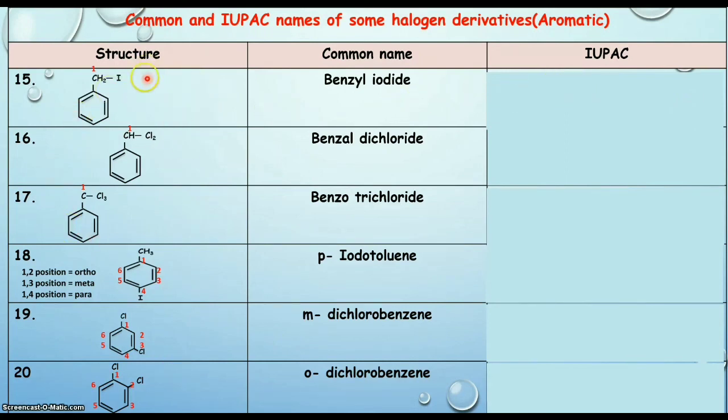Students, for these 3 structures, we have to remember one thing. When benzene is bonded to an alkane with a functional group, then the benzene ring is considered as a substituent.